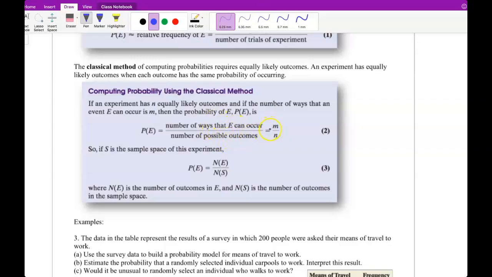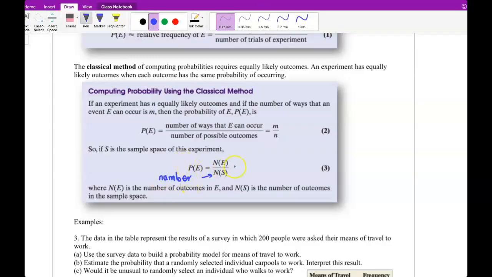So this is the probability of the event, and that is equal to the number of ways that we can have this event, and the denominator is the number of possible outcomes. Because we have a number, that's why we use n. Exactly the same as this one.